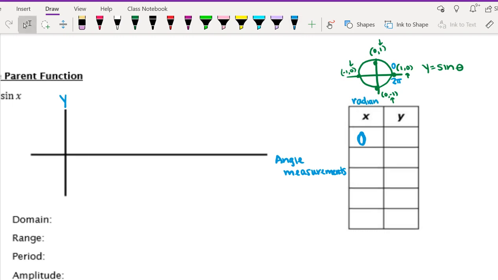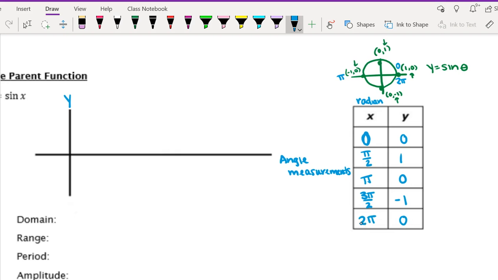Okay, and this is the ordered pair. So at 0 radians, the y value was 0. At the next key point, pi over 2 radians, half pi, we're at a y value of 1. If I look at the next one, which is pi radians, we're at 0 again. Then I come to 3 pi over 2, and I'm at negative 1. And then at 2 pi, 1 full rotation, my y value is 0.